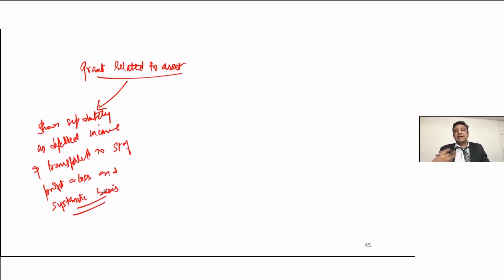This is the fundamental recognition criteria within Ind AS 20.